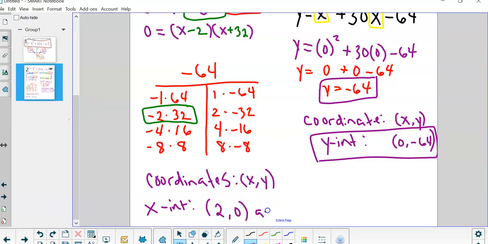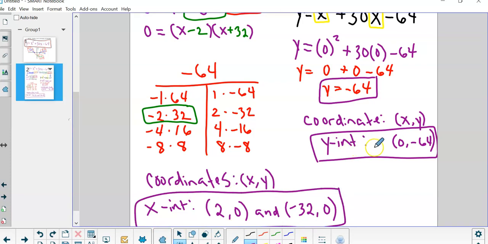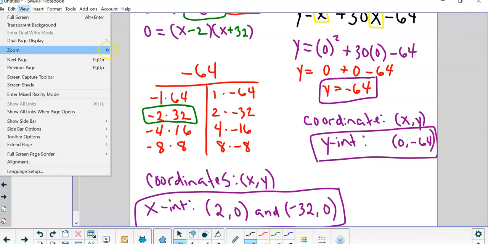And the other point, the second point, is going to be at, instead of positive 32, negative 32, comma, 0. So these are the 2 x-intercepts, and this is the 1 y-intercept. So let me go ahead and zoom out a little bit.